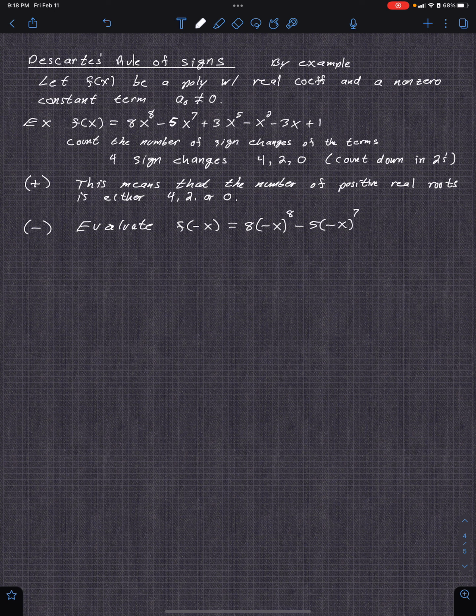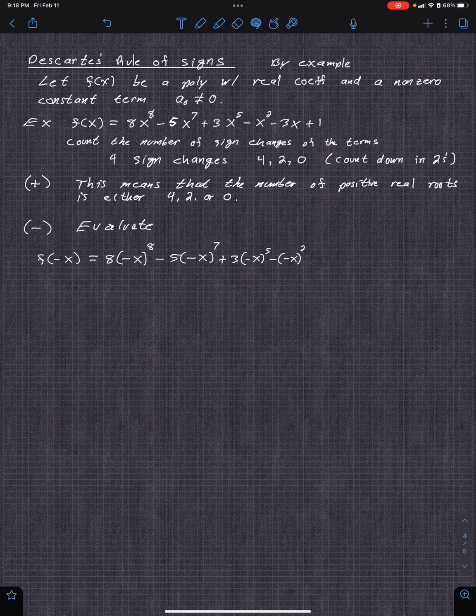So I'll substitute in: plus 3 times negative x to the 5th, minus negative x squared, minus 3 times negative x, and then plus 1.